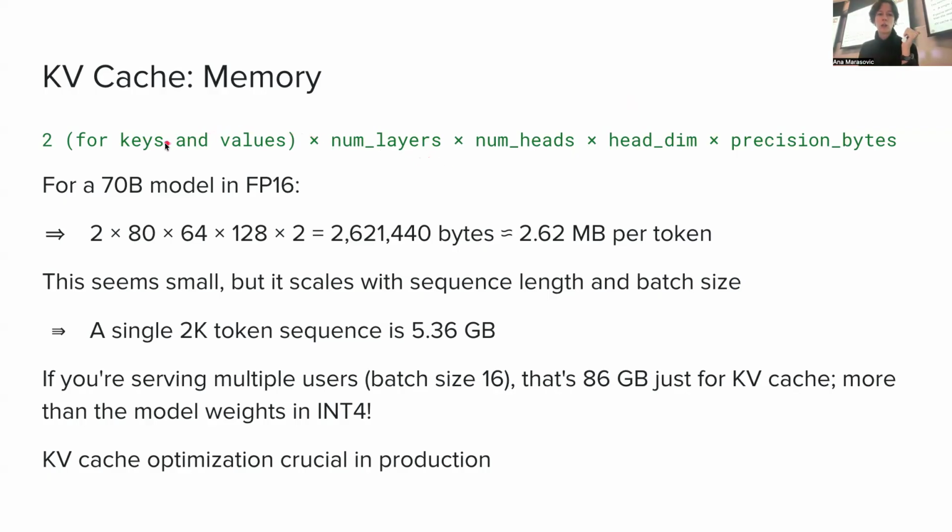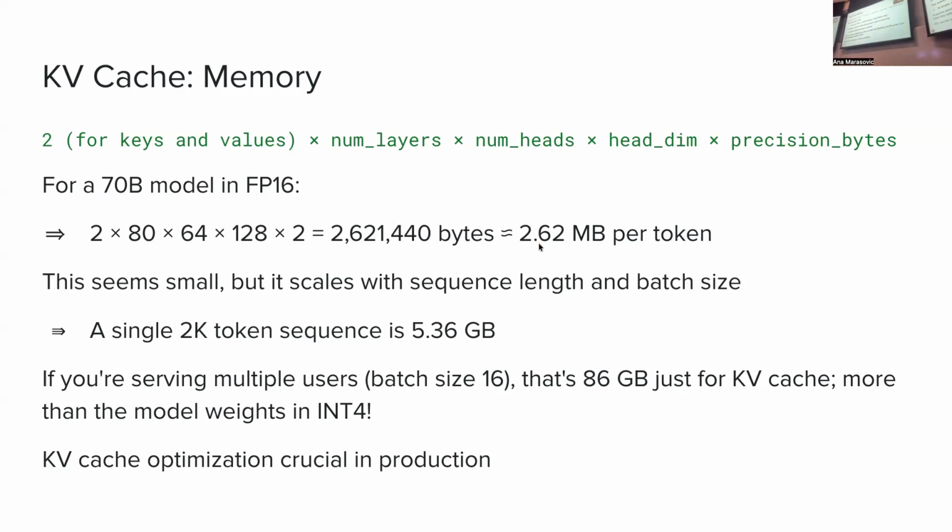So we have two, because we have keys and values, times number of layers, times number of heads, times dimension, times how many bits of precision we want. Precision bytes, not bits, so precision bits divided by 8. And if I plug this formula in for a 70 billion model, it turns out I need like 2.65 megabytes per token.